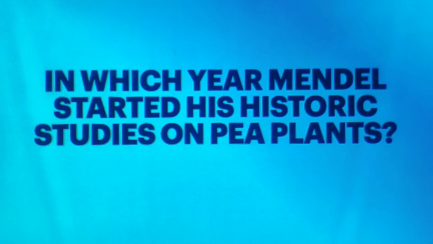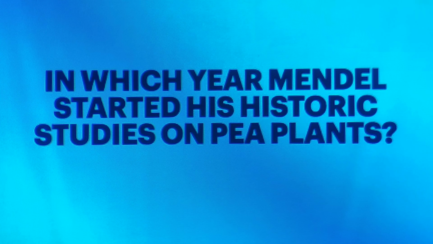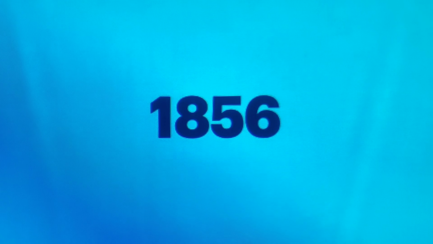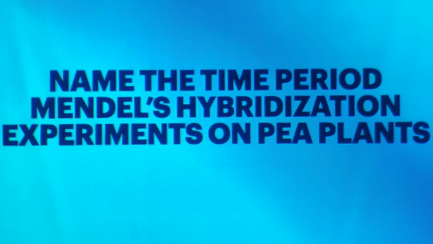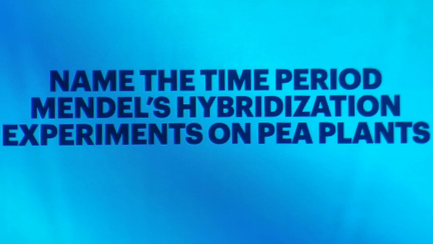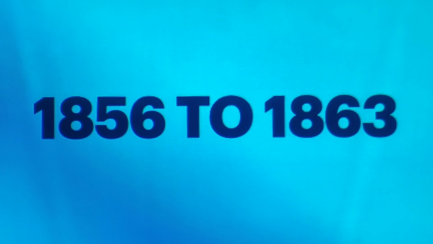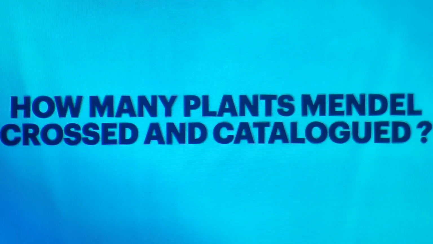In which year Mendel started his historic studies on pea plants? 1856. Name the time period of Mendel's hybridization experiments on pea plants. 1856 to 1863.